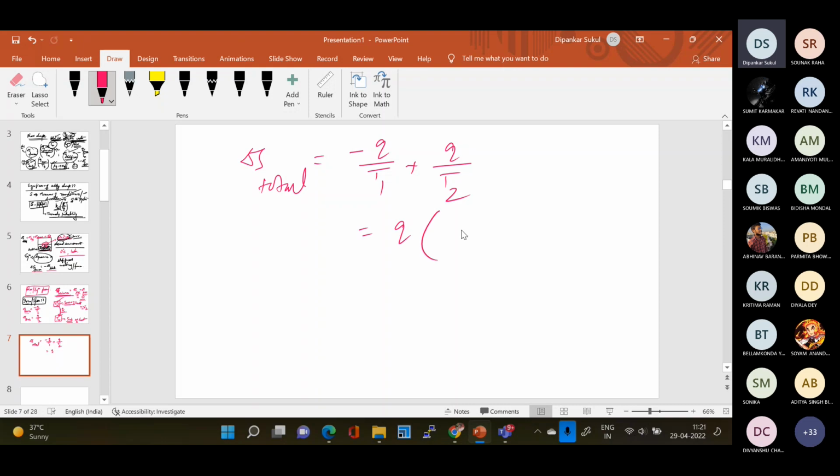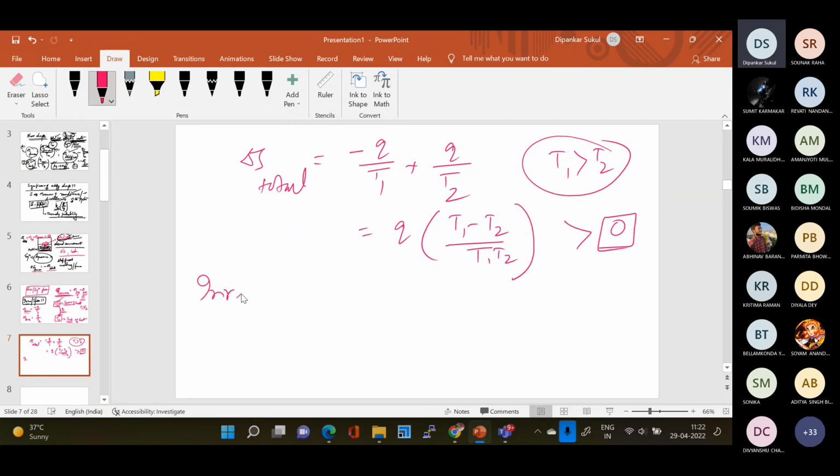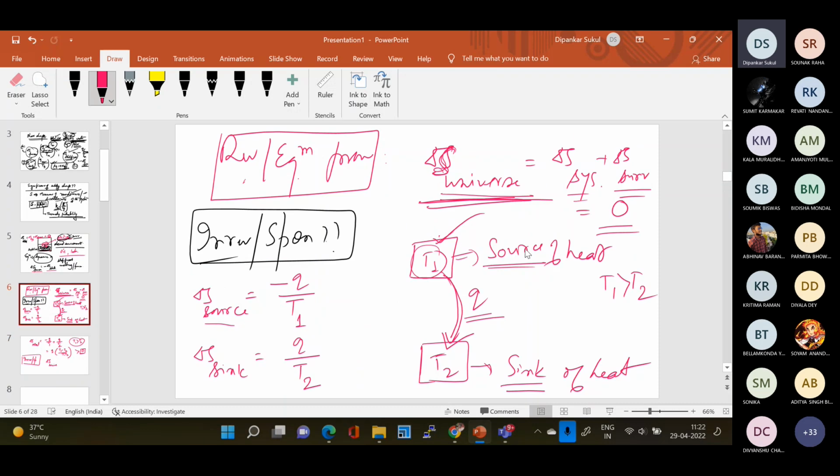Hence, if you take Q as common, it will be equal to Q times (T1 minus T2) by T1 T2. And as T1 is greater than T2, this is a positive quantity. Hence, for an irreversible or spontaneous process, the entropy change of the universe, where you can assume the source as the system and the sink as the surroundings, or vice versa, I don't care.